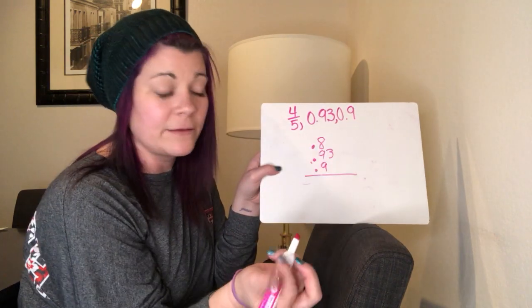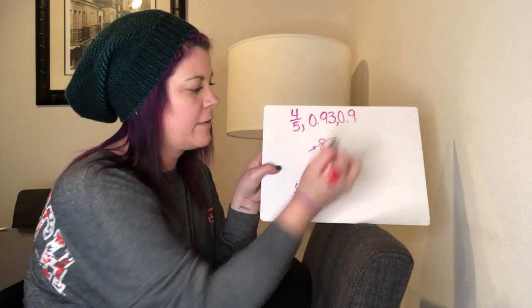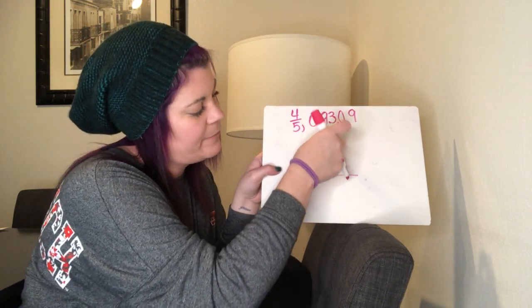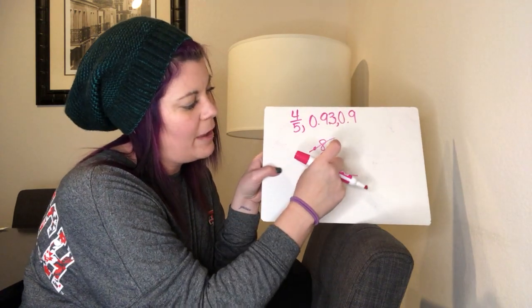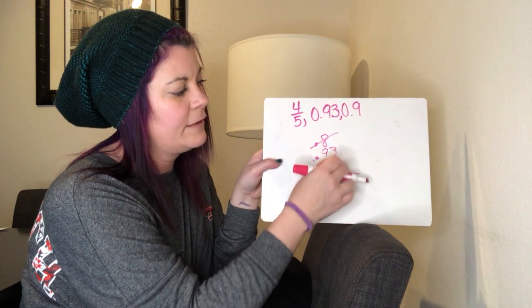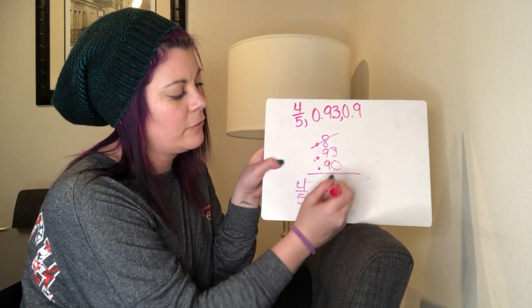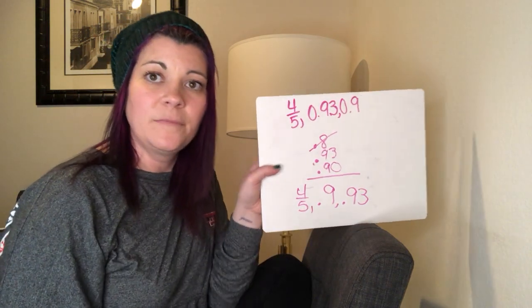This 0.8 is least, and we know that's 4/5, so we can mark that one out. Since these are the same, we go to the next place value. If there's not one there, we fill it in with a 0. We compare 3 and 0. The least is 0, so we know 0.9 goes next, and then 0.93.